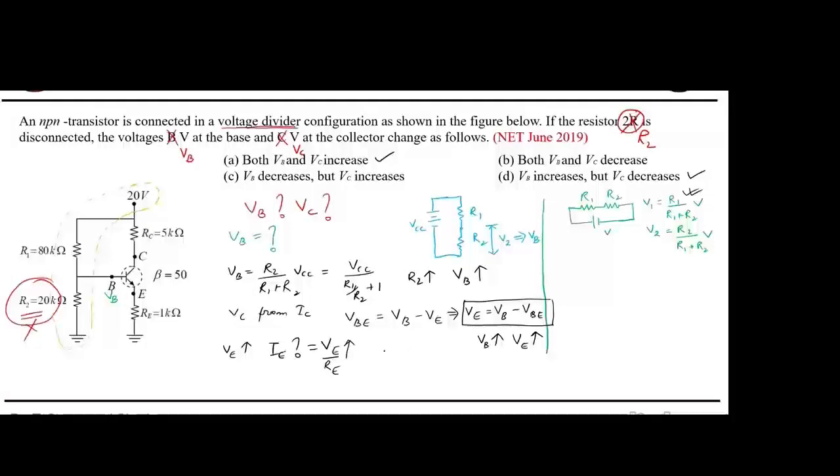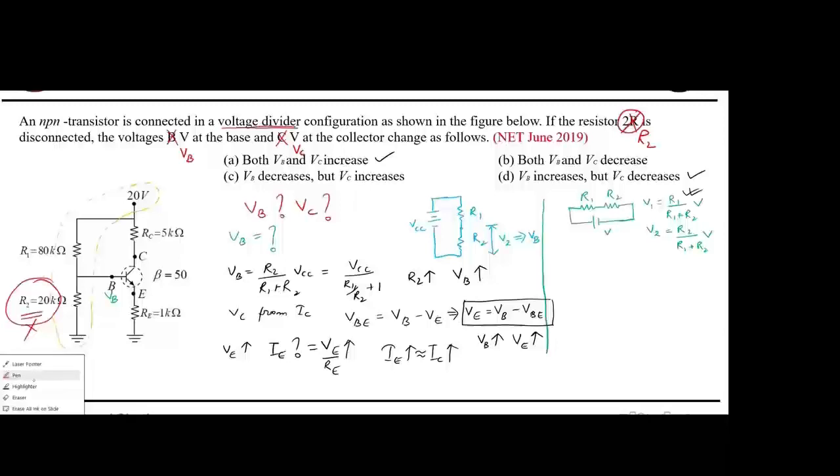If IE increases, what about IC? This will also increase, because they are approximately same. Yes or no? Yes, sir. Okay, now finally I got about IC, that is, it is increasing.